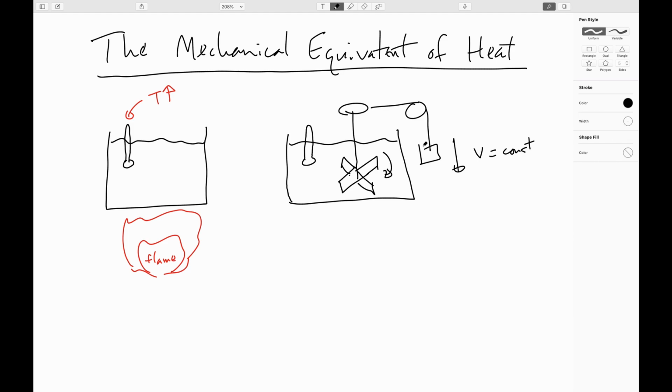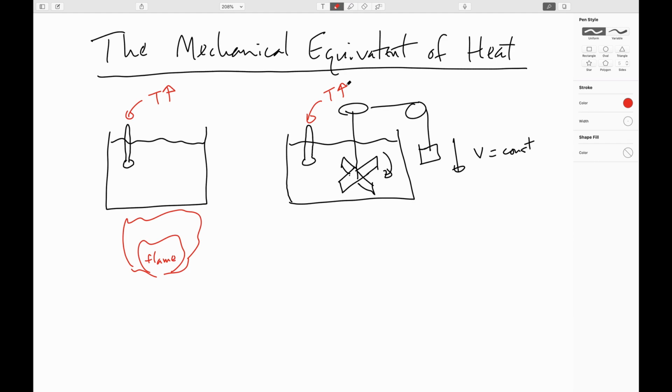Since this was rigged up very carefully to have the weight fall at a constant speed, the potential energy is decreasing, but there's no increase in kinetic energy. The only place the energy can be going is into the water. And sure enough, it turned out that the temperature of the water was also increasing.